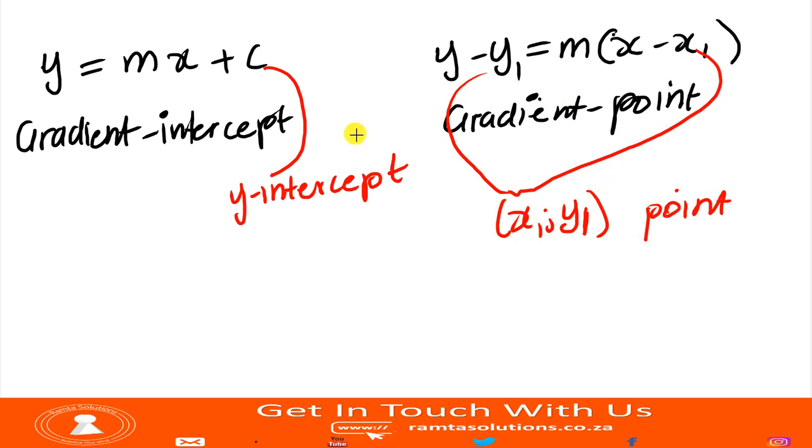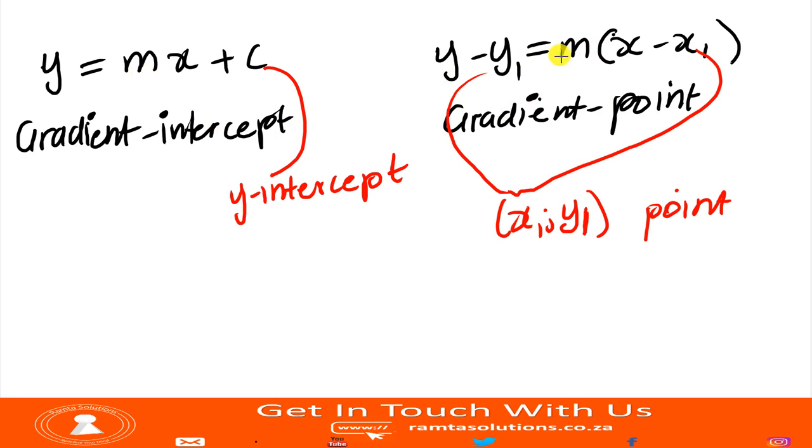So remember, guys, for using these equations, this one is when you are given your gradient and the y-intercept. This one is when you are given your gradient and a point. But eventually, at the end, this equation gets reduced to this form.